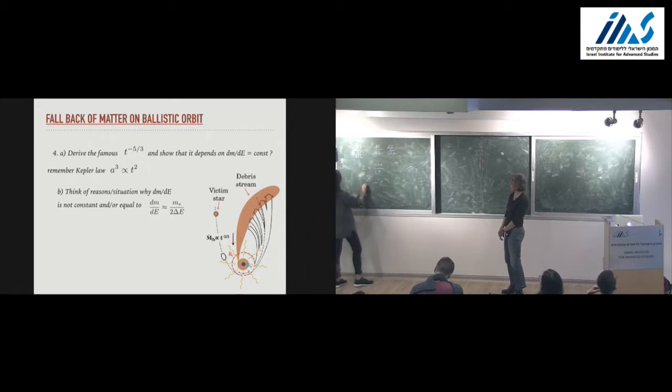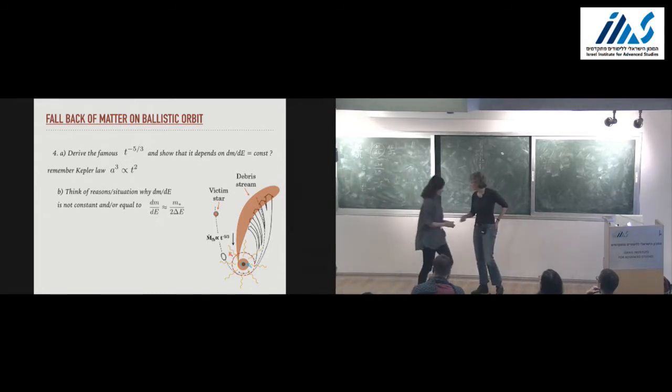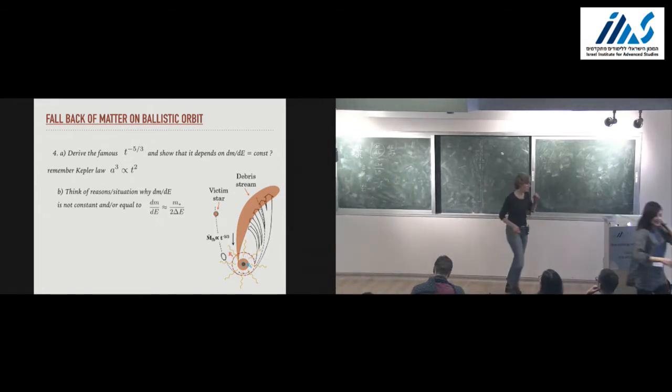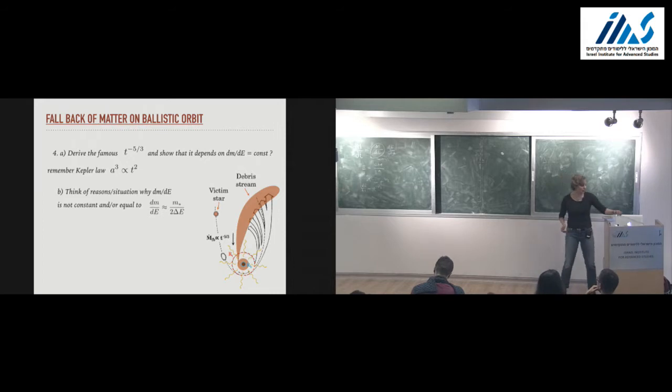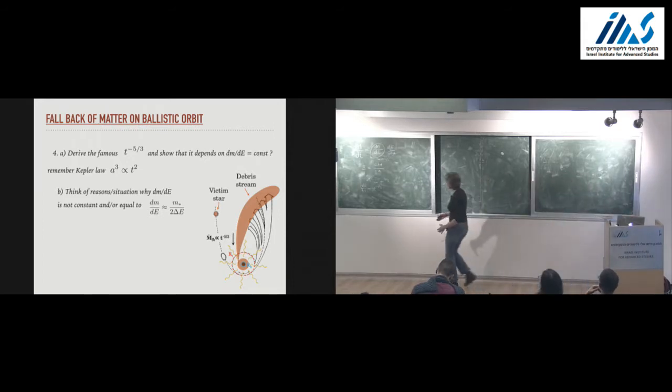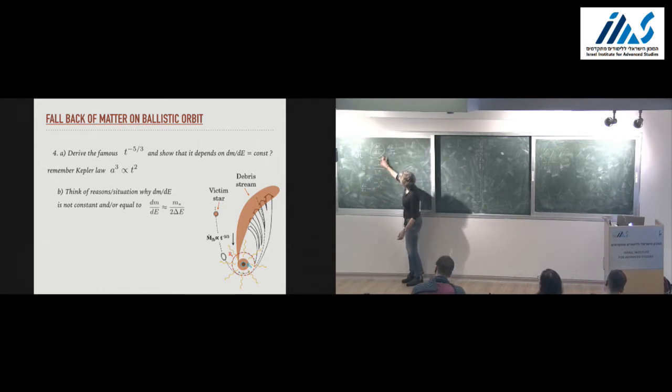So dM over dt will be proportional to t to the minus 5/3, but that depends on dM over dE being a constant. Yes. Great. Thank you. So that was the famous calculation and why we are obsessed with t to the minus 5/3. This is being constant.